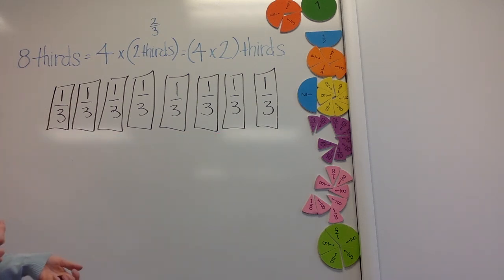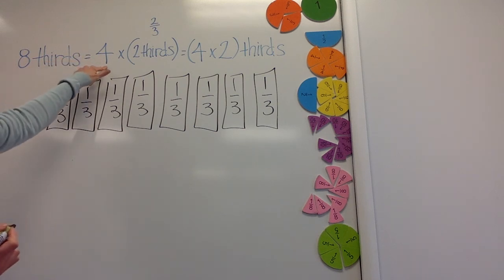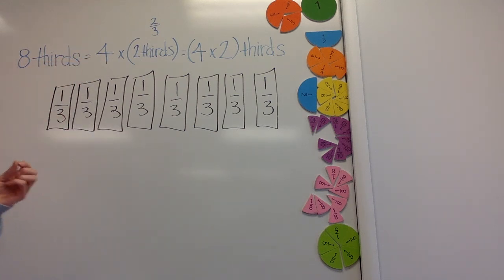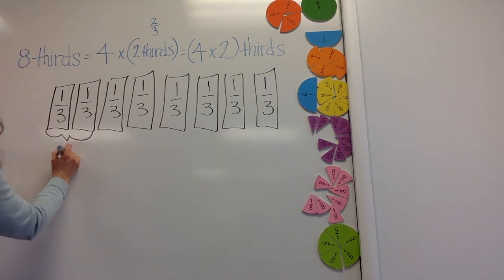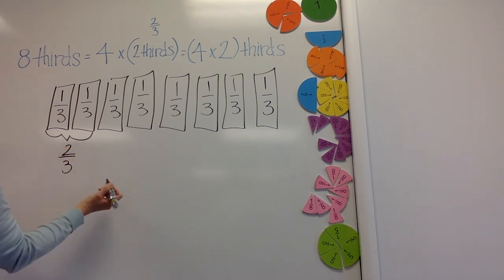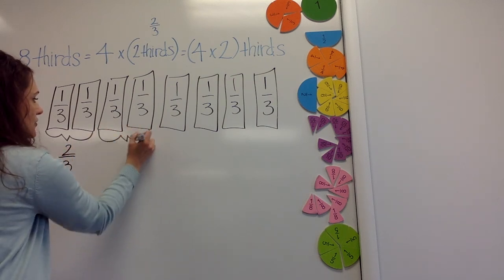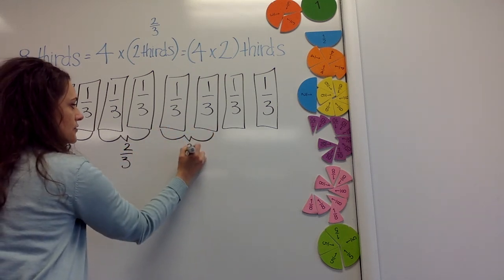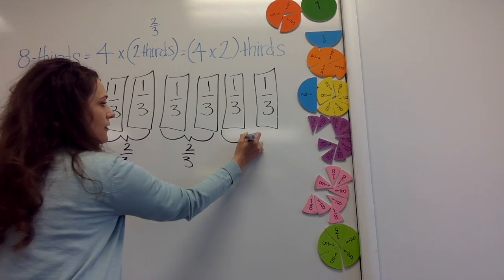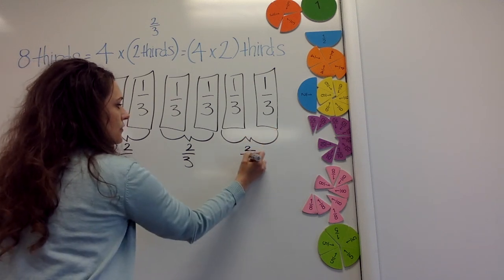So we could say in our next part, it's wanting us to actually section those thirds into 2/3. So it's like we want to combine this into 2/3 and this into 2/3 and this into 2/3 and this into 2/3.